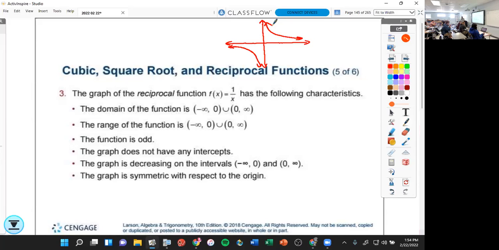Look at the range. How does the range compare to the domain? The same. What this means is, theoretically, I can take one candy bar and divide it by however many people are in the world, and I could give everybody a piece of candy bar.